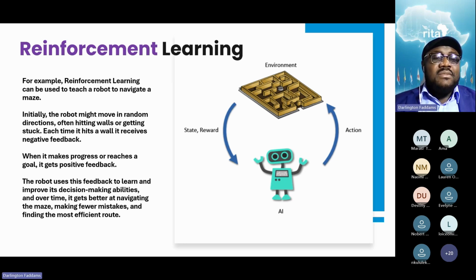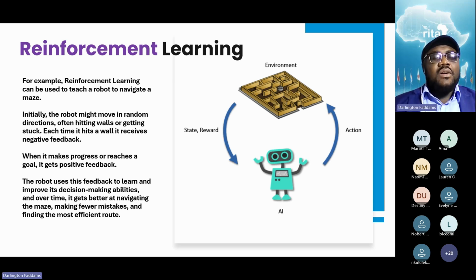Initially, the robot might move in random directions and you will be training the model through machine learning. With this particular model, the agent, or in this example the robot, might move in random directions, often hitting walls or getting stuck.